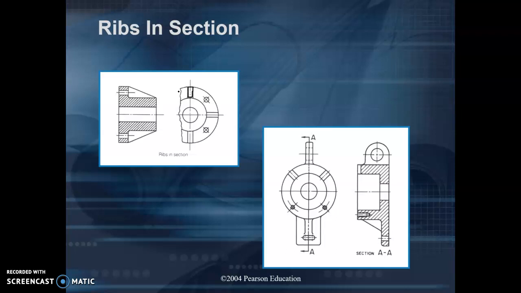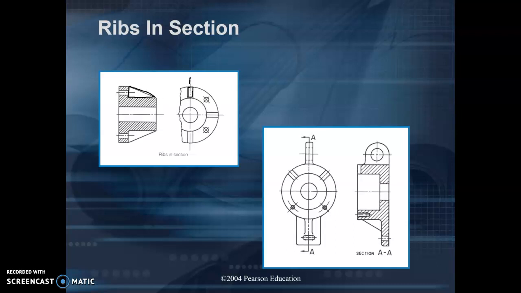They're sort of triangular in shape, as you can see here from this section view. It's like a triangle shape, and it has a certain thickness. It's usually made of, if it's not cast into place, then it's welded into place. It's cut out of a plate, a steel plate, and it gives added strength or stability to the central hub.